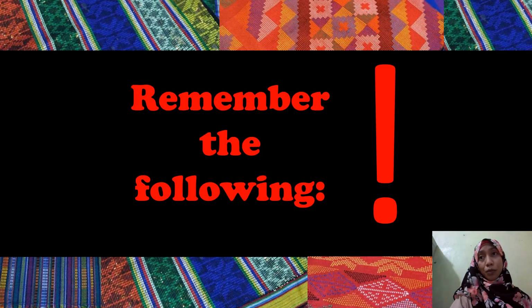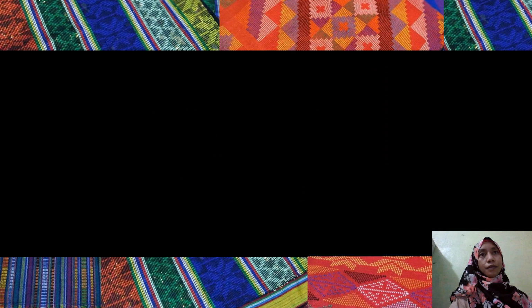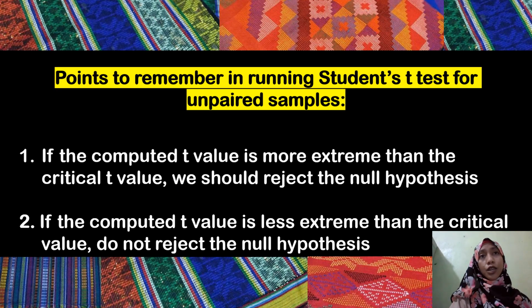Now I want you to remember the following. If the computed t-value is more extreme than the critical t-value, we should reject the null hypothesis. But if the computed t-value is less extreme than the critical value, do not reject the null hypothesis. So in our experimentation, our computed t-value is less extreme, is less than the critical value.